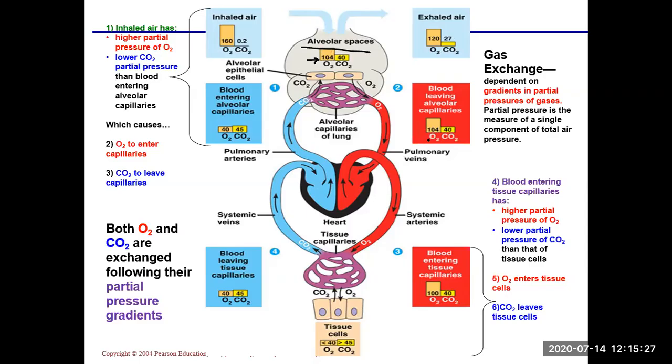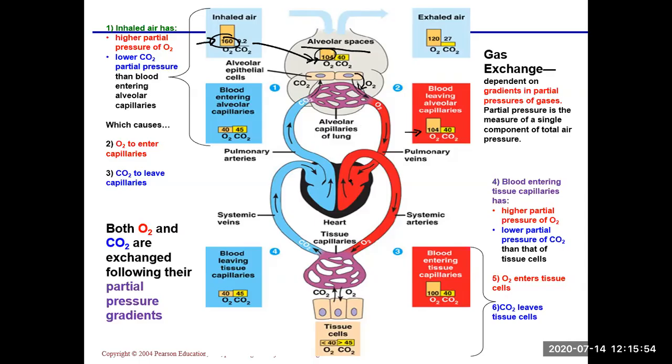Oxygen is 104, but oxygen is going in because inhaled air has a higher partial pressure of oxygen. So oxygen goes from a high to an area that is low, so oxygen is diffusing in.